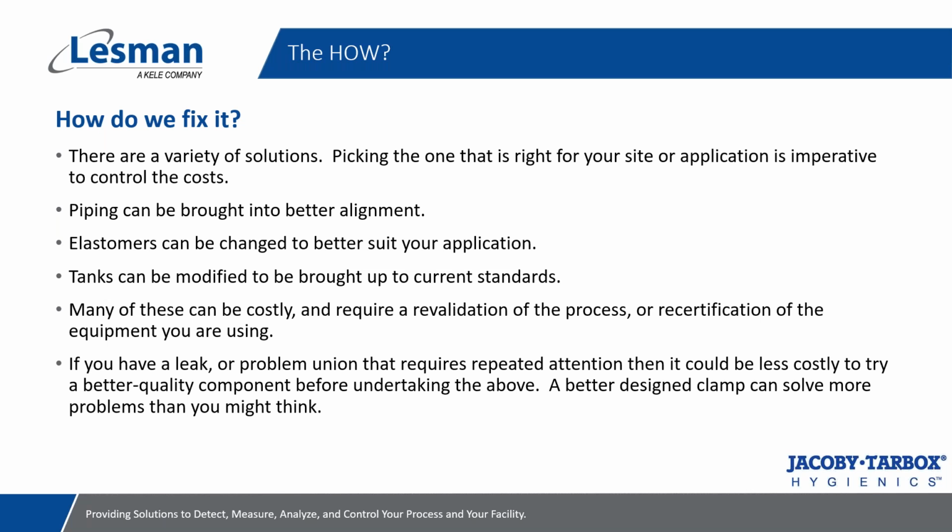Maybe there is an elastomer option for you that has a softer durometer or a better crush capability to where you're achieving a better seal and you're still keeping up with the requirements of your process. Sometimes these things will cost you a little bit of money, a little bit of time, but they're certainly better than the alternative.